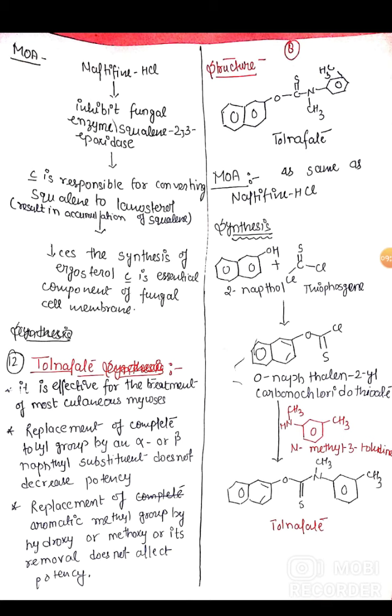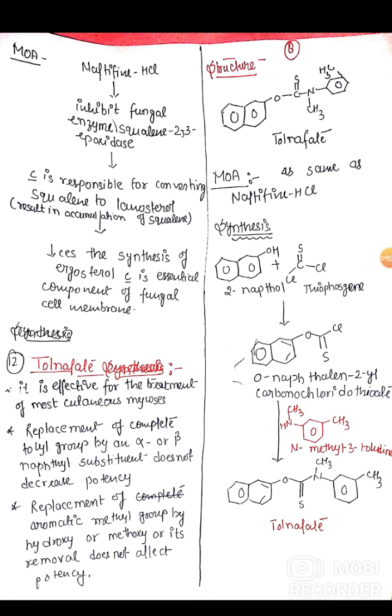Next drug is tolnaftate. Tolnaftate is effective for the treatment of most cutaneous mycoses. Replacement of the toluene group by an alpha or beta naphthyl substituent does not decrease potency. Replacement of the aromatic methyl group by hydroxy or methoxy, or its removal, does not affect potency.